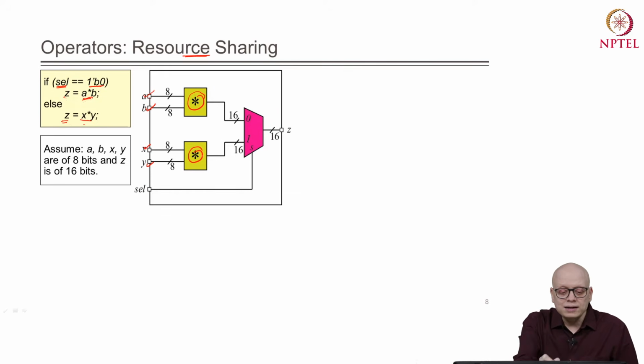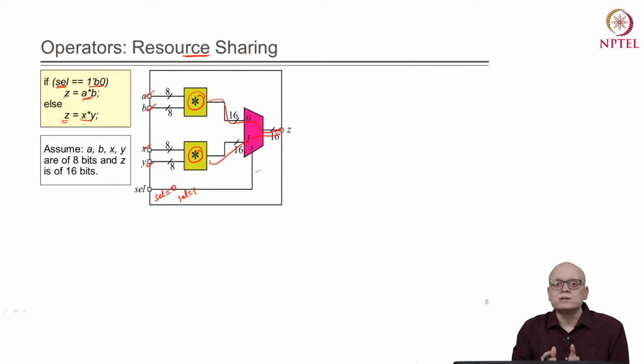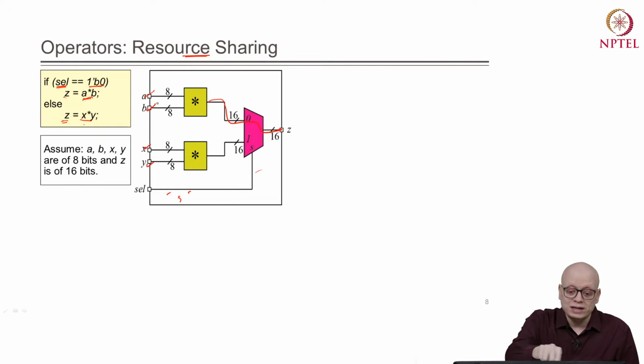Then, depending on the value of select, if select is equal to 0, a star b will be selected, and if select is equal to 1, x star y will be selected. So, this is a direct translation of the code snippet to a circuit implementation. However, note that in this case we are using 2 multipliers.